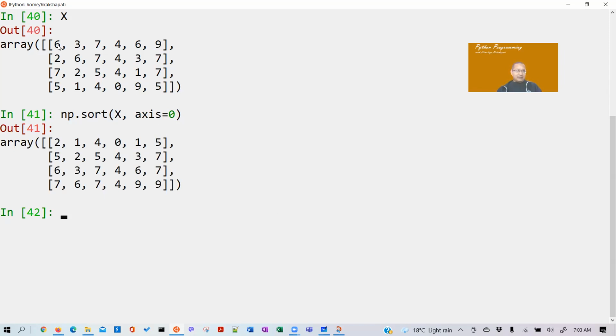Yes. Column wise, you see 6 2 7 5 becomes 2 5 6 7, sorted order, right? 3 6 2 1 becomes 1 2 3 6. Yes, 1 2 3 6. This one 4 5 7 7, and so on. Yeah, it did work, right?